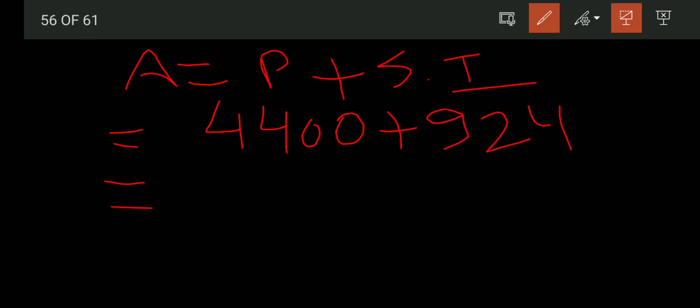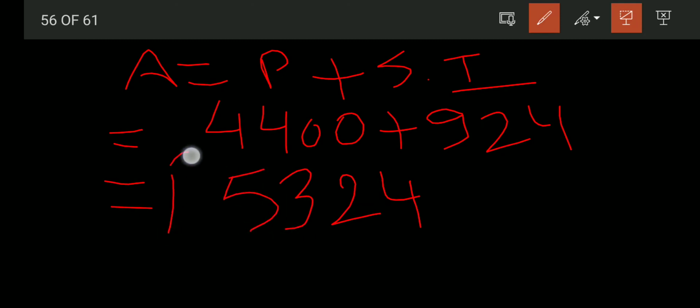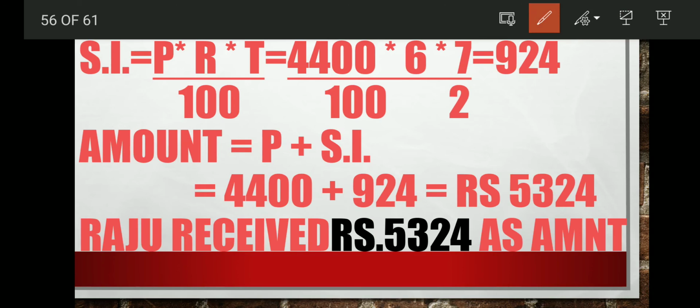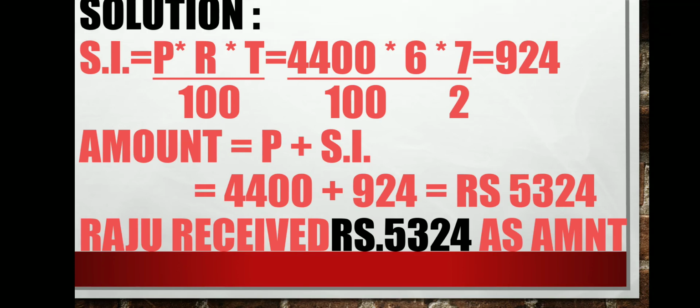So that comes to 4, 2, 3, 4 plus 1, 5. So rupees 5,324 is the amount which Raju receives after 3.5 years. So 5,324 is the amount received by Raju.